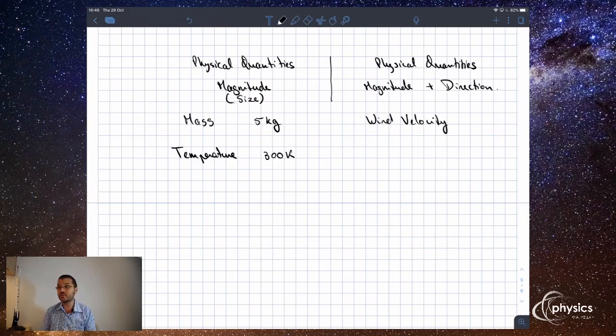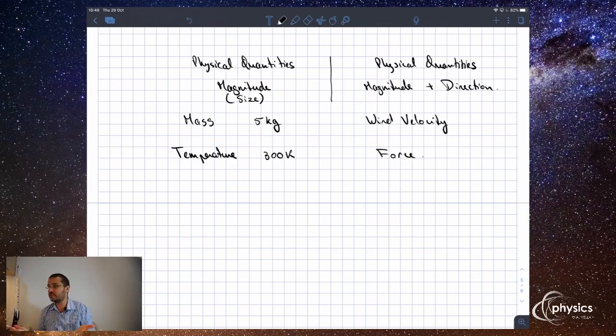Another important physical quantity which has to be described by magnitude and direction is force, for example. It is of no use to tell you, look, apply a 5 Newton force on that box, but in which direction? If I apply it parallel to the floor, it will move along the floor. If I apply it vertically upwards, it will move upwards.